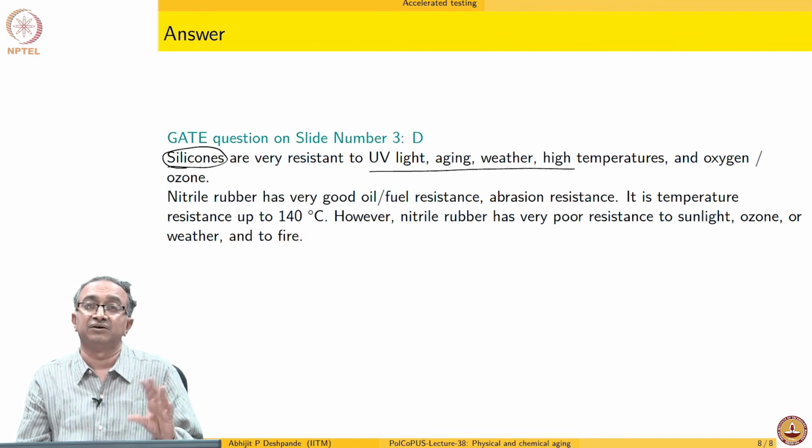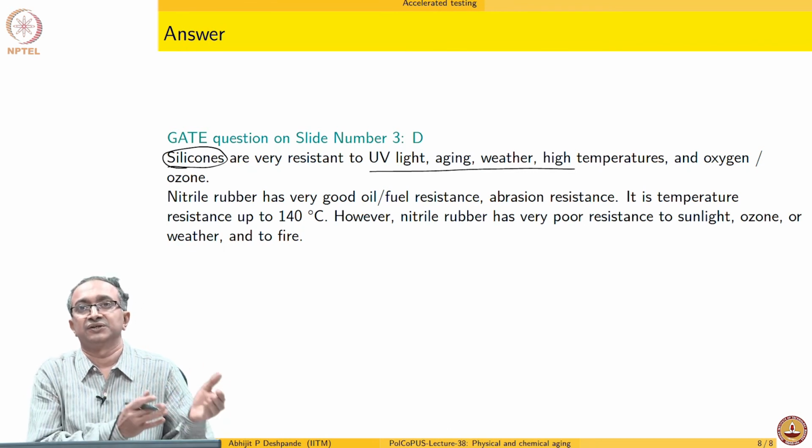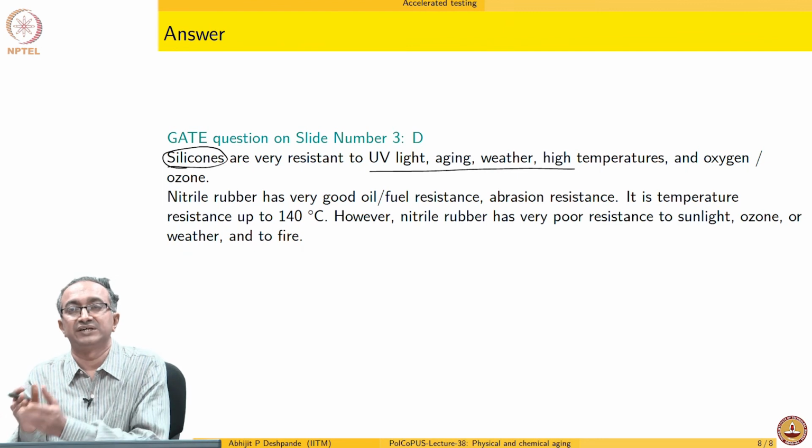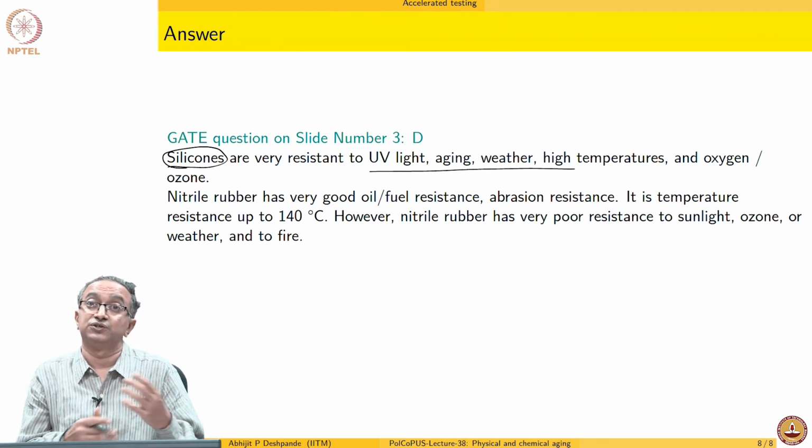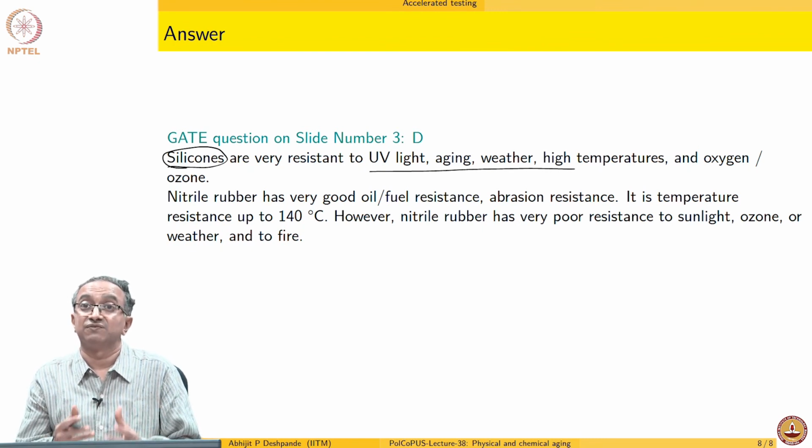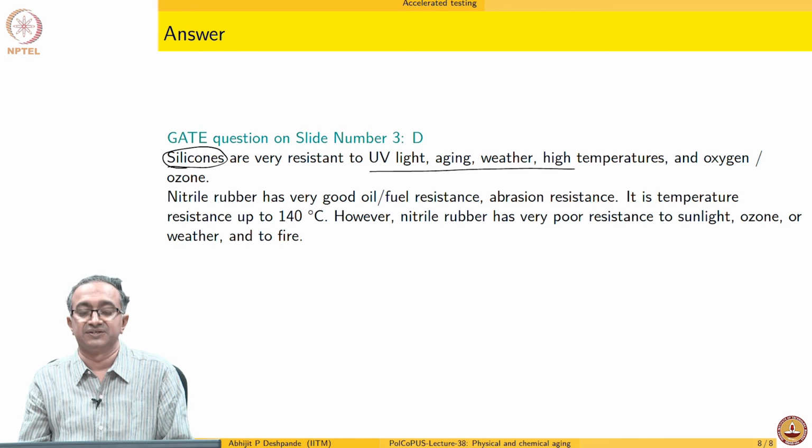On the other hand, all the other rubbers will have pluses and minuses depending on whether it is resistance to oil or resistance to acidic media or resistance to temperature. So, all of them will have differences in terms of their strengths and weaknesses for all these other conditions, but silicone is one of the best rubber materials for weather resistance.